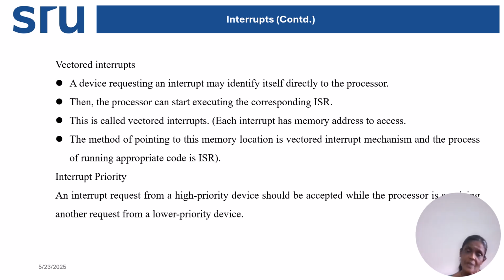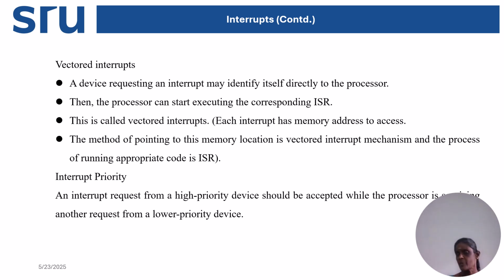But the second problem is, when two interrupts come to the processor at a time for response, how will it select, which one will it select? In the first case, a low priority interrupt occurs first, and a high priority interrupt occurs second.